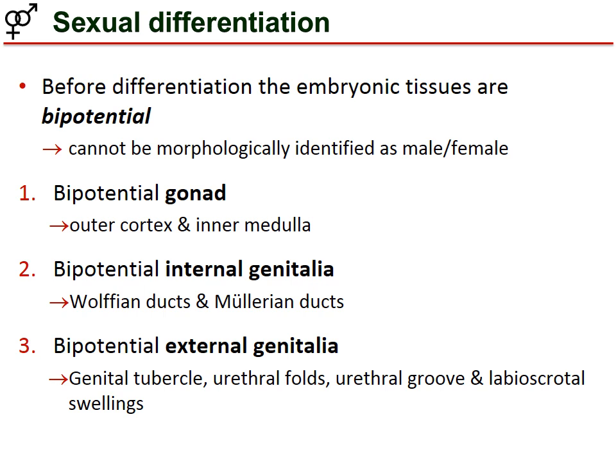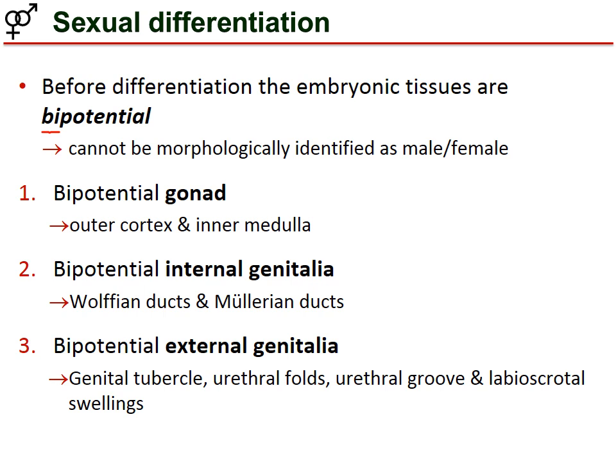Now, before this differentiation takes place, all three sets of structures which we looked at in the first slide, which make up the sex organs, are considered to be bipotential. So bipotential tells us they have a dual potential.